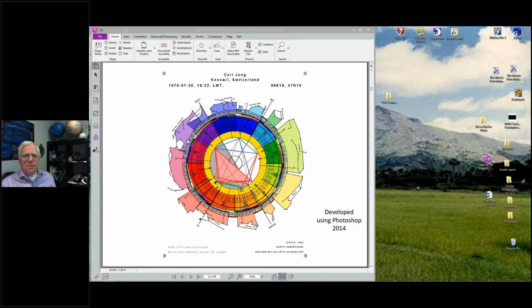Now these chart forms, even with a computer, everything has to be rotated in place. So I did this in Photoshop, so I had to make a different chart form for every 50 years, and just rotate the inner degree grid inside the outer. It's like 1 degree every 72 years. So I rotated it, and I made a whole bunch of different chart forms that would have the color and have the right alignment.